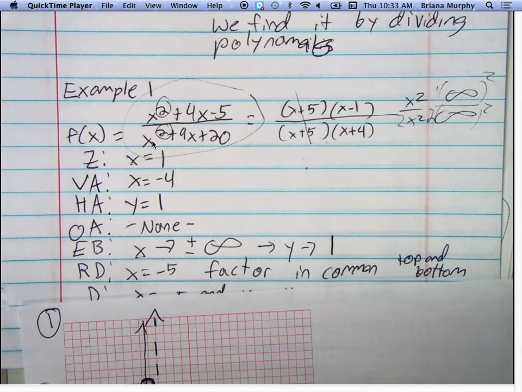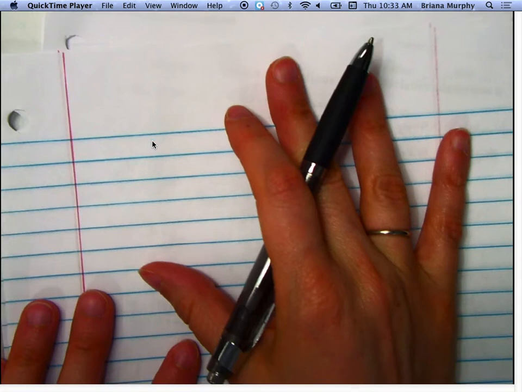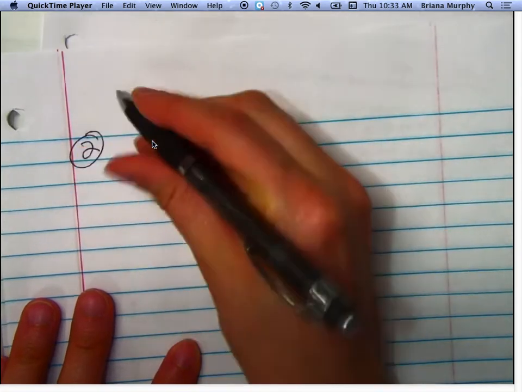All right. Let's go ahead and do another example. And I think the graph part, it's the hardest for me. So I'm going to start off with giving you an example, and I want you to try it. And you'll try the other things, and then we'll graph together. Okay, so here's example 2.